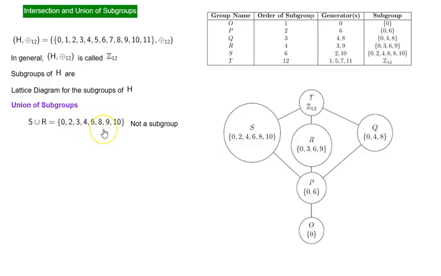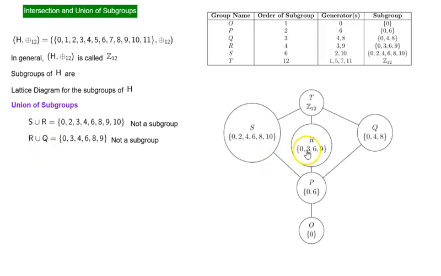You just add any two numbers and see whether it is there in this group or not. The first occasion where you get a situation where it is not there, we can say it is not closed under the group operation and hence not a subgroup.